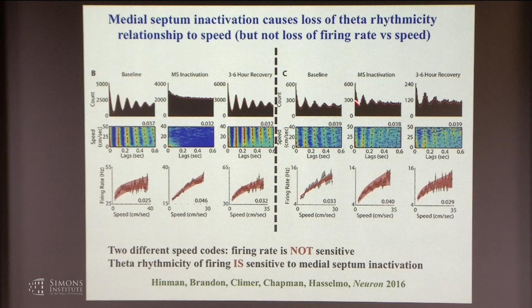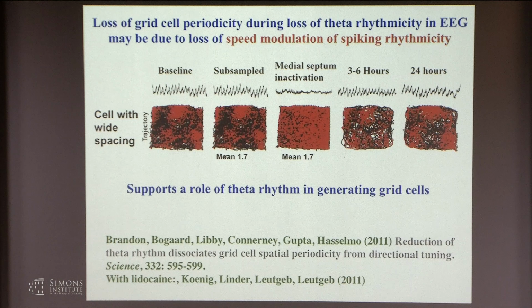And in cases where he had medial septum inactivation but didn't completely wipe out theta rhythmicity, the important thing to show here is that, again, the firing rate change with running speed is maintained, but you see a change in the relationship of the theta rhythmicity to running speed. Here it's getting higher frequency rhythmicity with higher running speed. Here it does not maintain that relationship. So this suggests the interesting idea that maybe the loss of the grid cell spatial periodicity with medial septum inactivation is somehow due to a loss of the speed modulation of spiking rhythmicity in these neurons, which is a potential role for theta rhythmicity in the mechanism of grid cell generation.